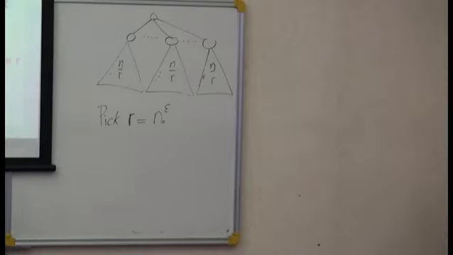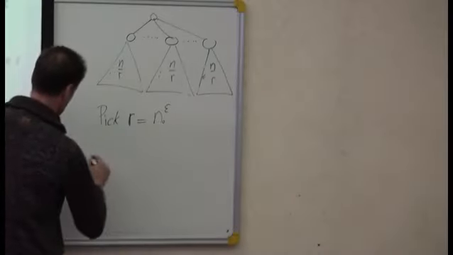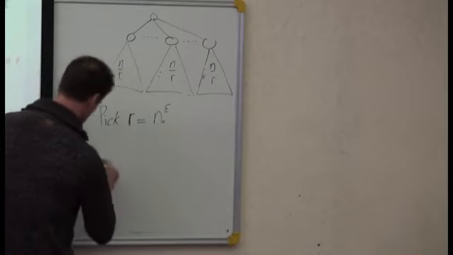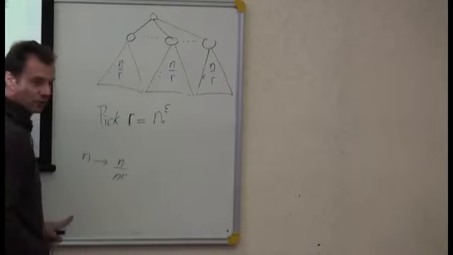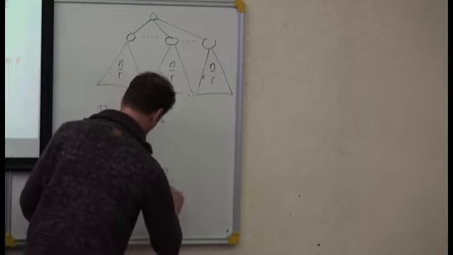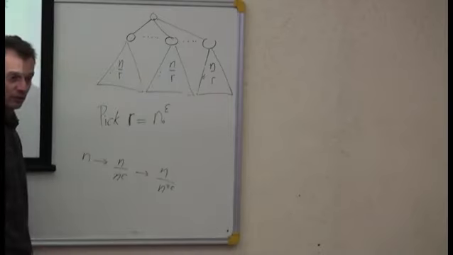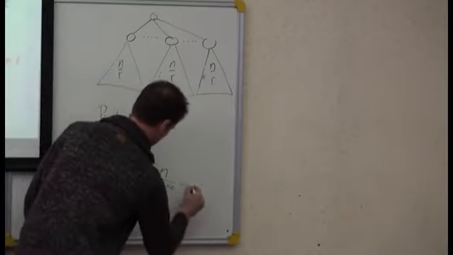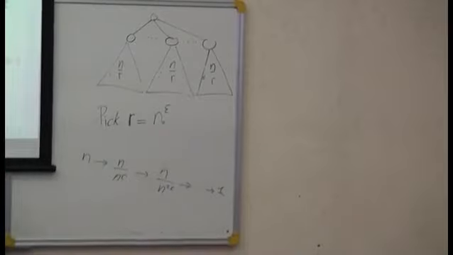So how much is the depth of the tree going to be? Initially I start with n, or n0, then I go to n divided by n to the power epsilon, then I go to n divided by n to the 2 epsilon, and so on, until I'm at size 1.